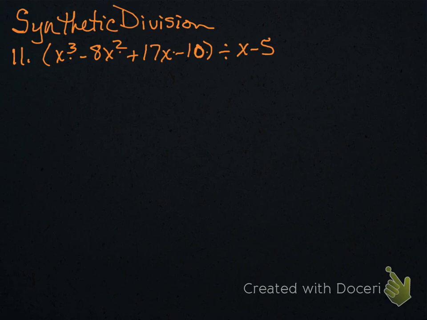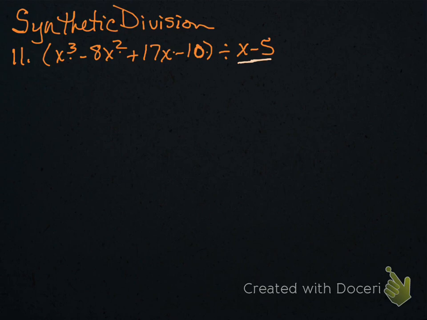So let's get started now. Let me change my colors here. This time, instead of working with the first terms of our divisor and our quotient, I want to work with just the coefficients and whatever x is equal to.